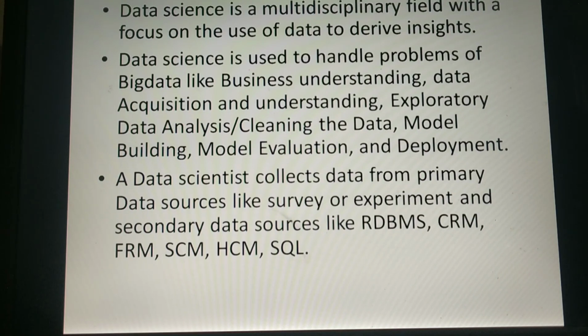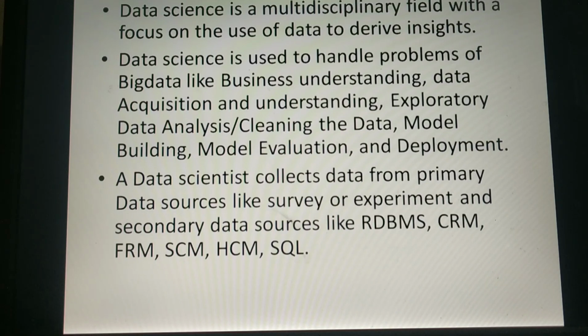The data scientist collects data from secondary data sources like RDBMS, relational database management systems, CRM, customer relationship management, FRM, former relationship management, SCM, HCM, SQL, structured query language, etc. So these are all secondary sources used to collect the data.